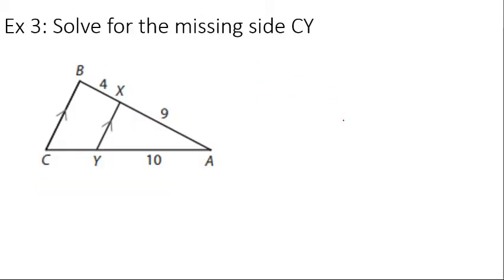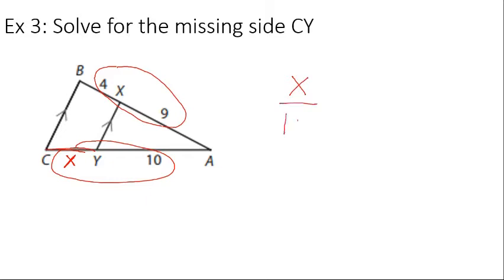Okay, so now in this part, we're going to solve for the missing side CY. So CY is right here. I'm just going to call that X to find the missing side. Remember, these two go together, and then you put these two as a fraction. So think of it like X over 10 equals, over here, 4 over 9.